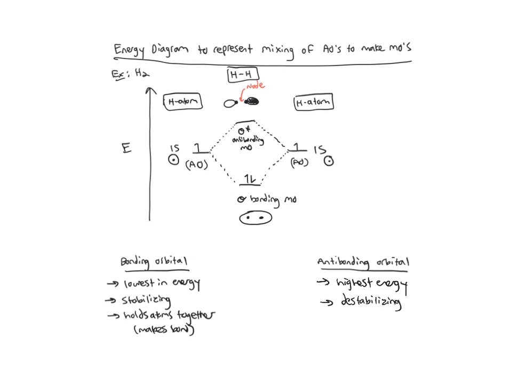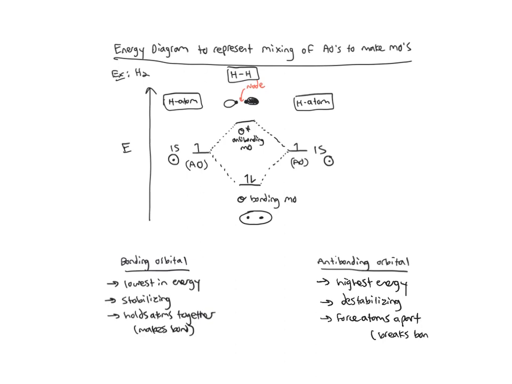If electrons are put into that orbital, we're going to force the atoms apart, because the only place that the electrons can go is on the outsides of the nuclei. It can't go in between them.